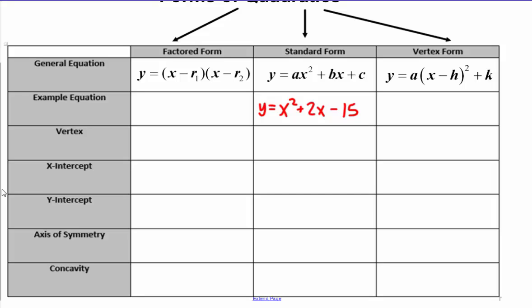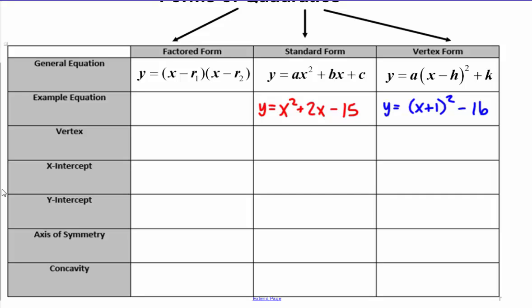We're also going to write our vertex form, which, if you were to convert this, which you'll learn how to do later, is y equals (x plus 1) squared minus 16. Okay? Now notice in both of these we have an a value that appears like it didn't get written, but remember that just means it's an a value of 1.